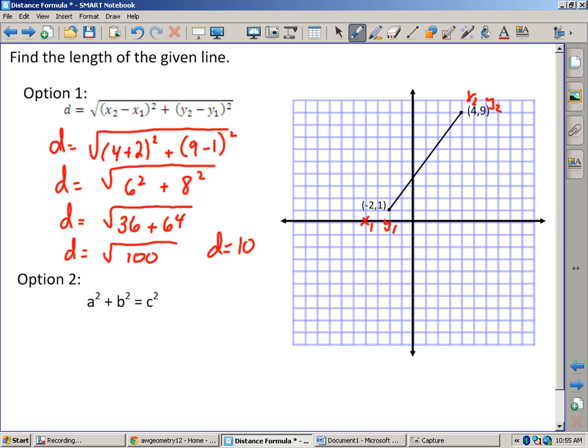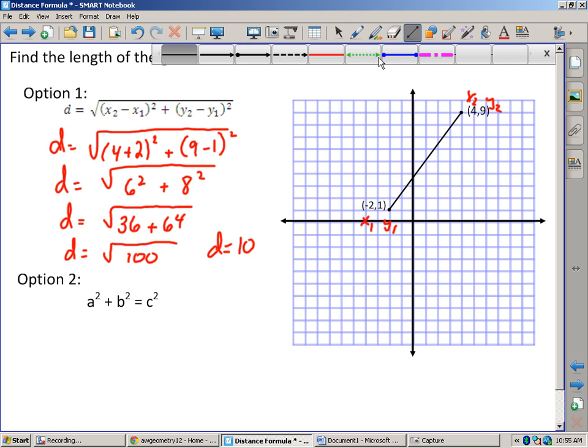Well, you may be asking yourself, how does this relate to the Pythagorean theorem? With the Pythagorean theorem, I can go ahead and draw a right triangle, because remember, it deals with right triangles. I'm going to draw a right triangle using the line I'm trying to find the length of as the hypotenuse.